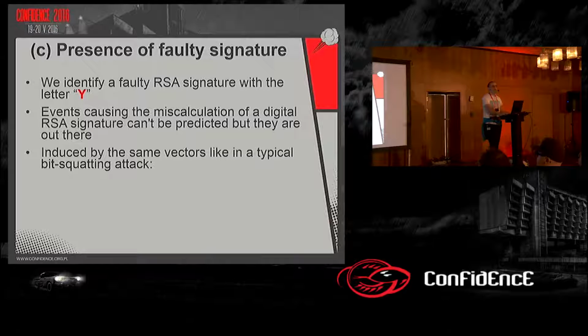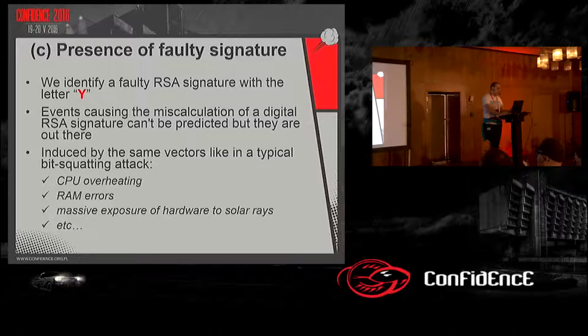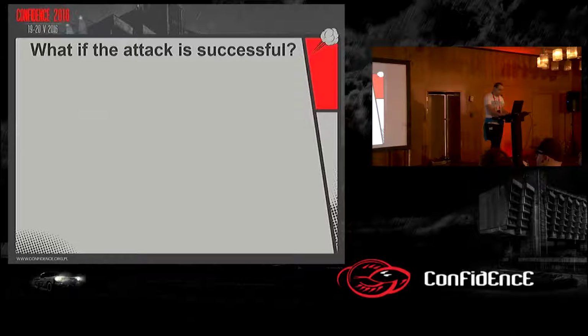And they are induced by the same vector that typically affect some other kind of technique. I don't know if you have heard about bit flipping attacks, but basically the presence of a faulty signature is possible if, I don't know, sometimes there is the overheating of the CPU, or there are RAM errors, or even exposure of the hardware to solar rays, for example.